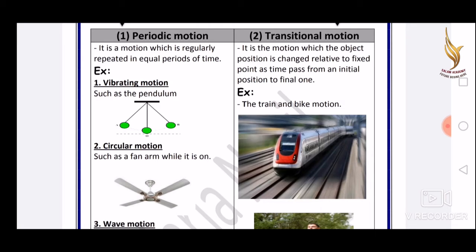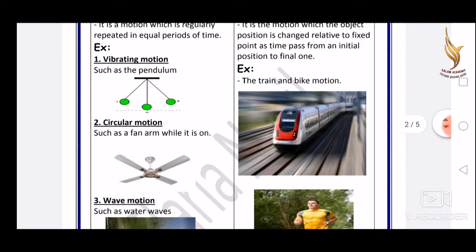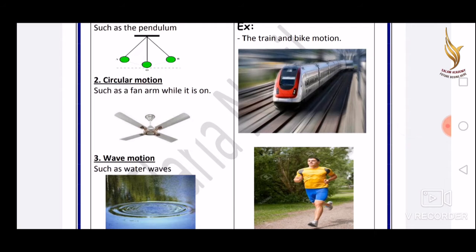Initial position means the start position, and the final position means the end position. So the object changes its position from initial to final as time passes. This is called transitional motion.